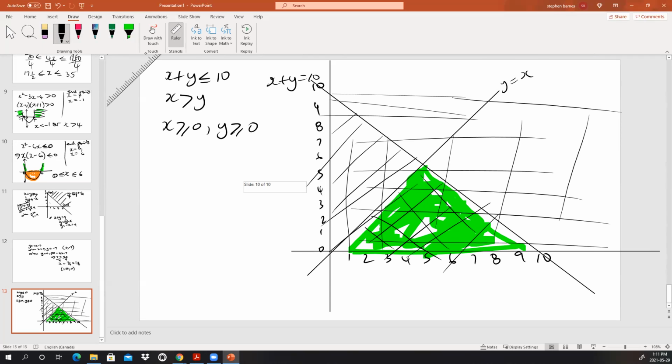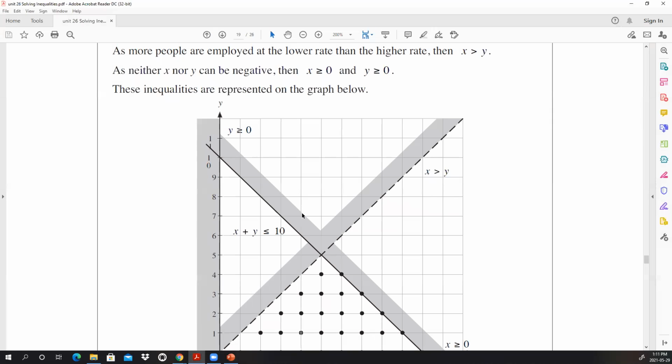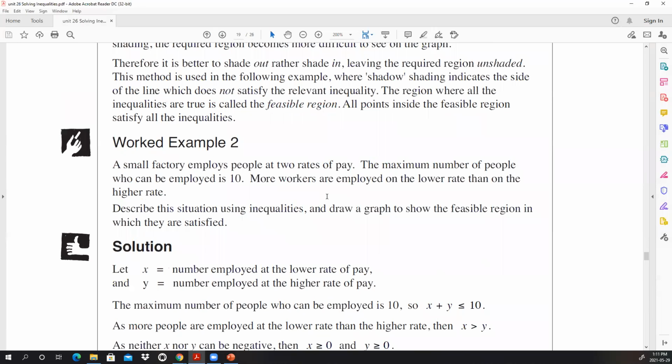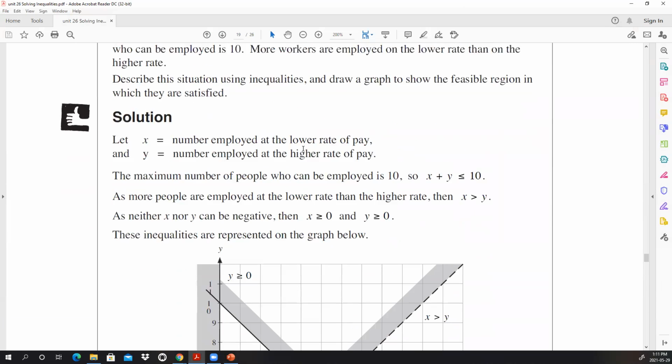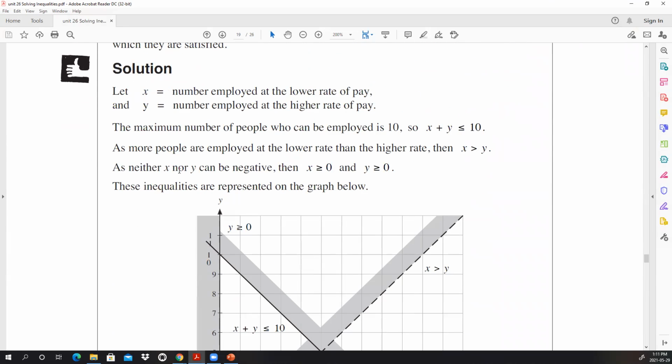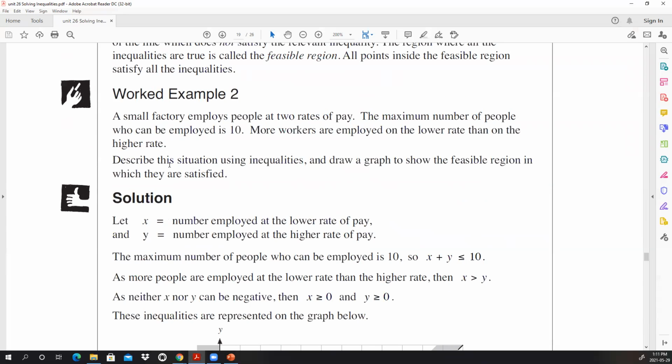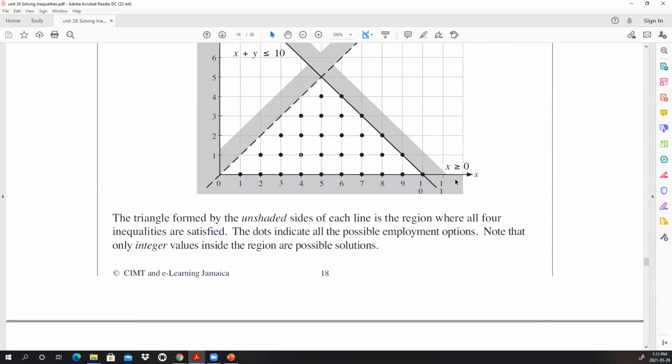So this shaded region in green would be our feasible region, or is it feasibility? Let me make sure. It says a feasible region. And what else do they ask? They say, describe the situation using inequalities, drag up to show the feasible region. All right, so we did that.